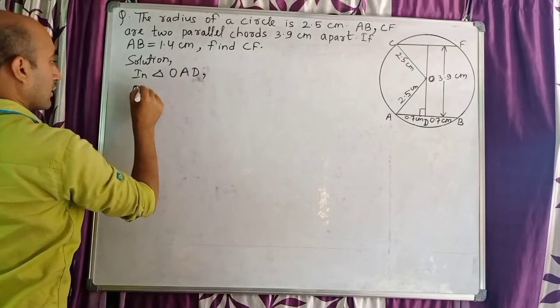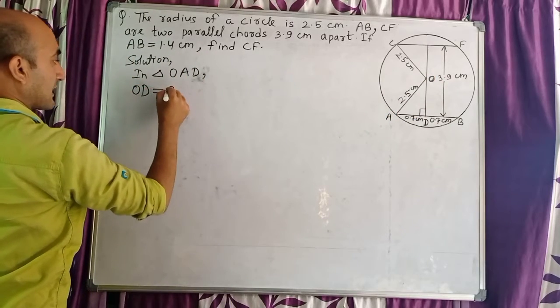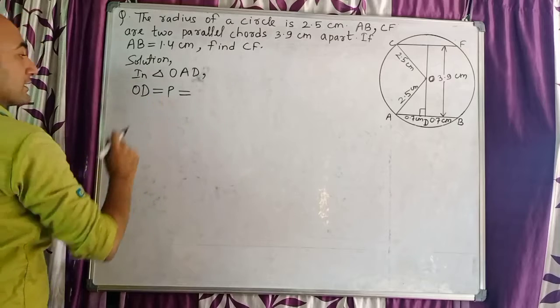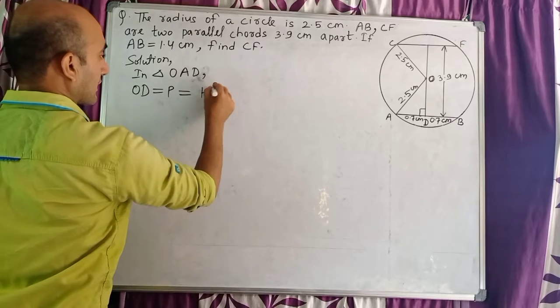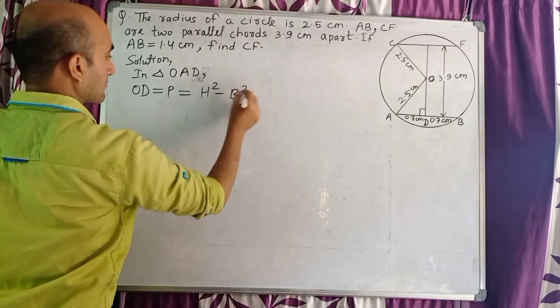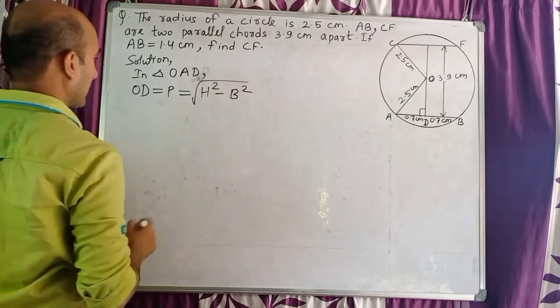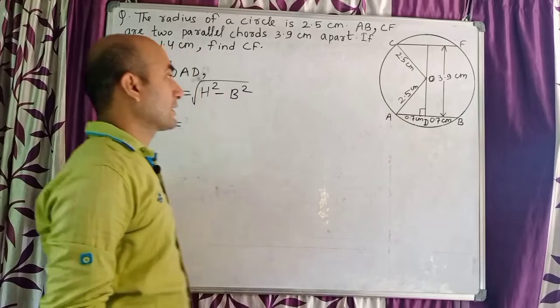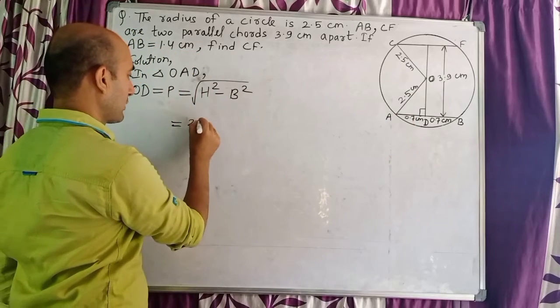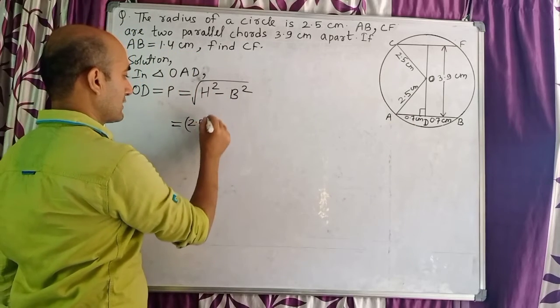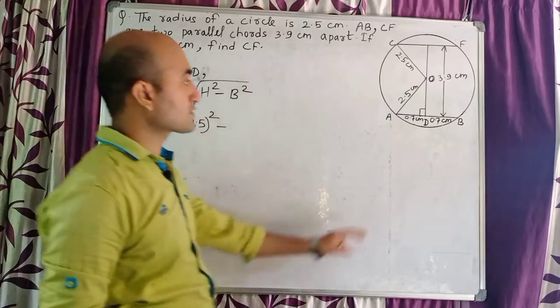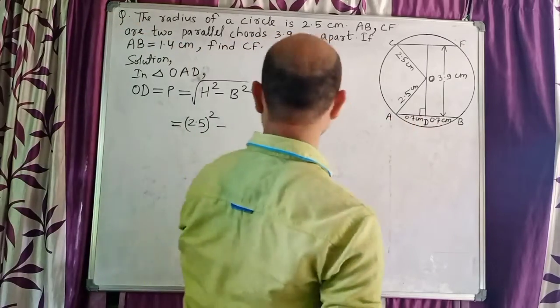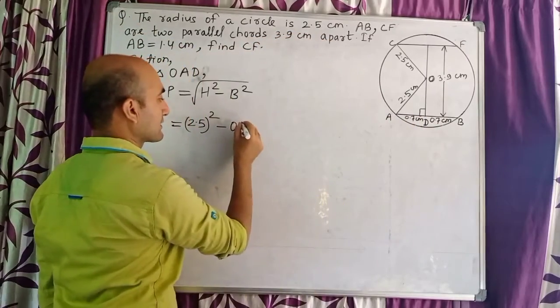So you can write OD is the perpendicular and its formula is P is square root of h square minus b square. So the OD value will come. Now you know what is h? H is 2.5. So you can write 2.5 whole square minus the base, which is AD, and the AD value is 0.7.